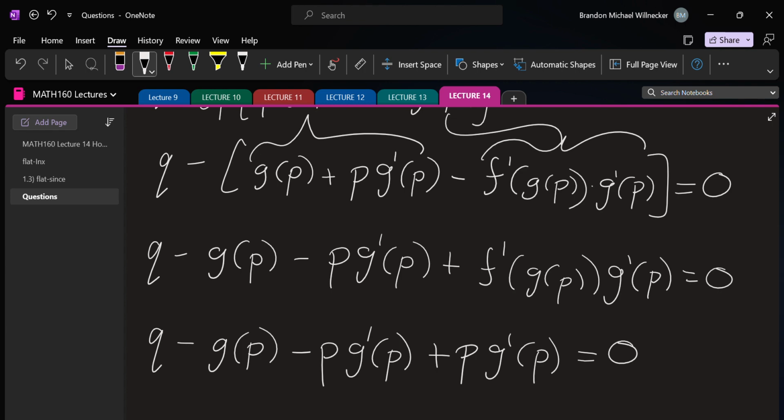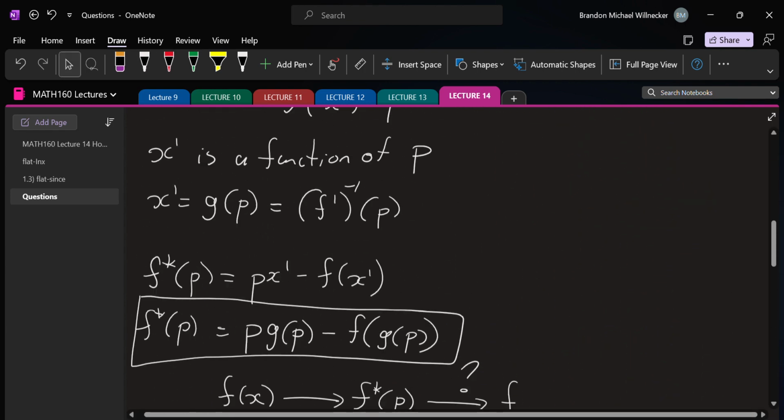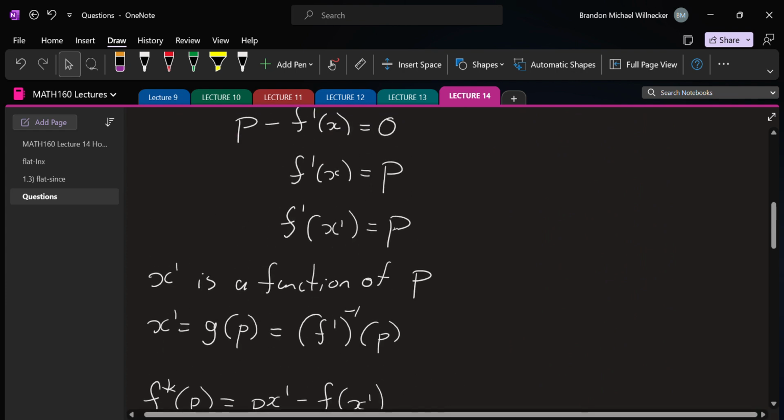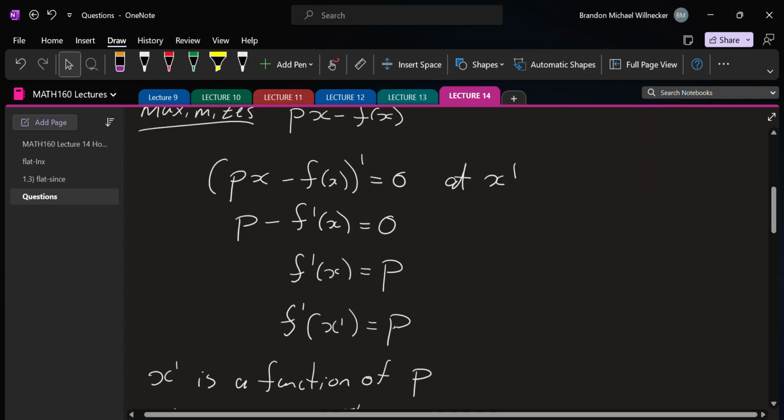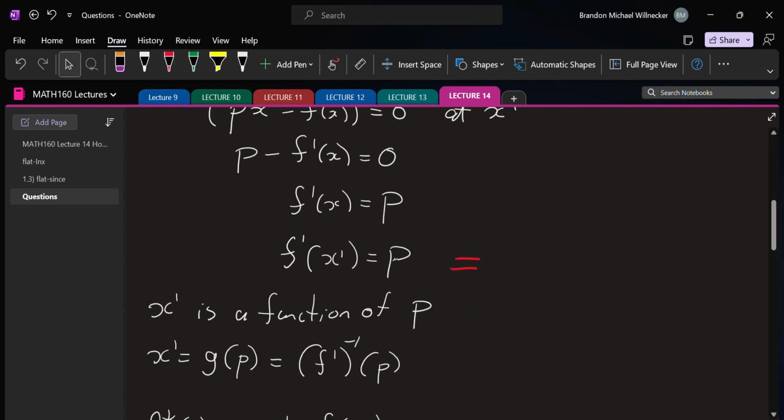Okay, so how did we get from here to here? Let's look back at our F prime over there. Yep. Okay. F prime of X prime. I'm going to rewrite this a bit.